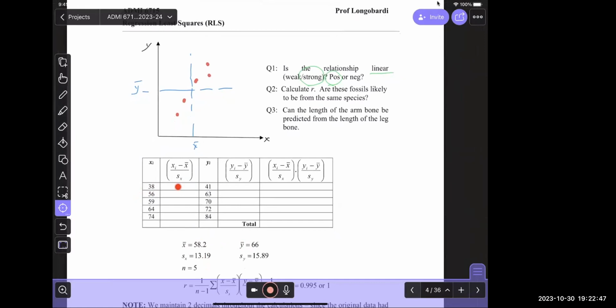What do I get here in this table? Let you do that for me. Negative 1.45.